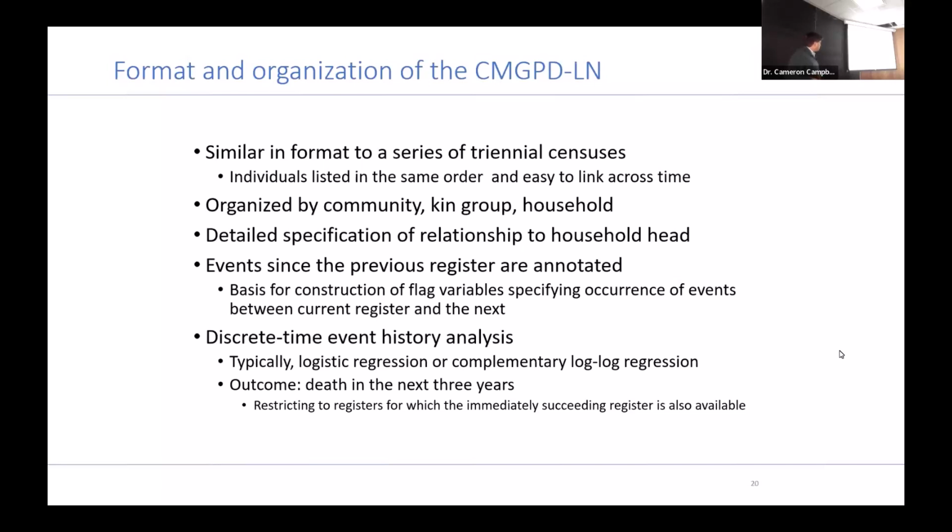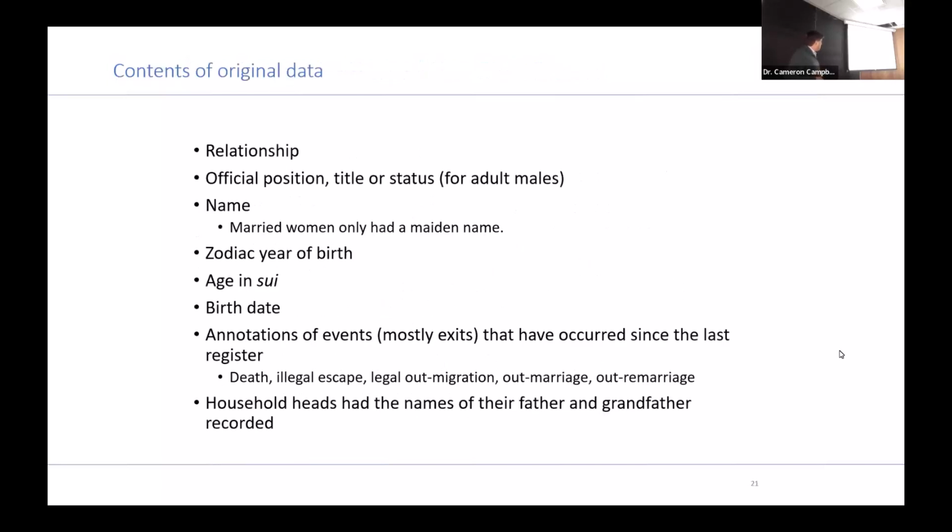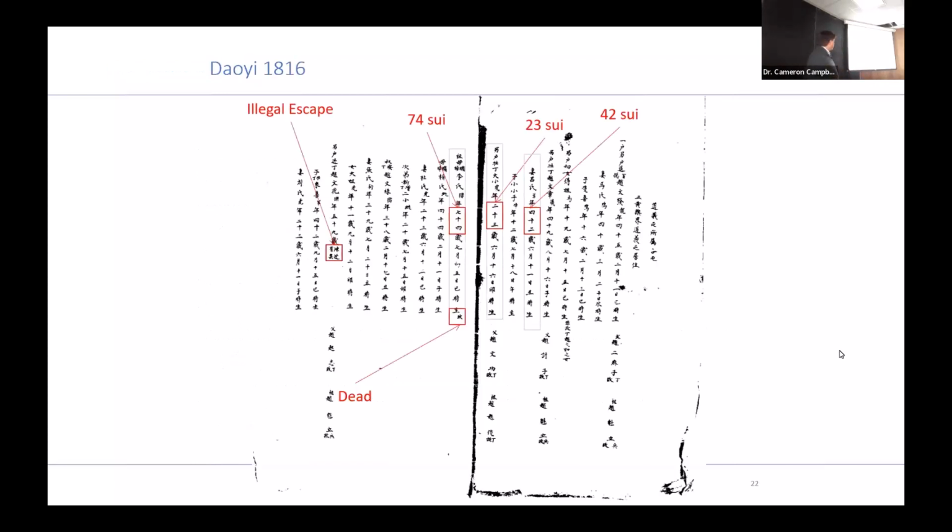I'm going to race through some of the more technical stuff and mention the contents. I mentioned these already: the relationship, birth dates, etc. And I showed this example yesterday, but there are some events and people.